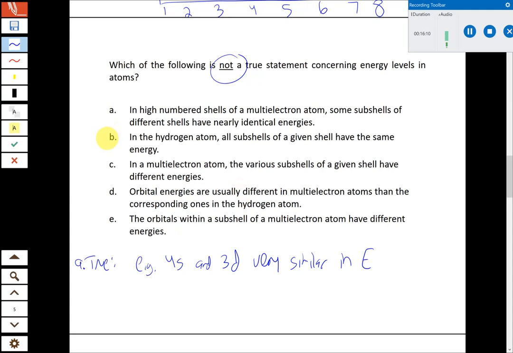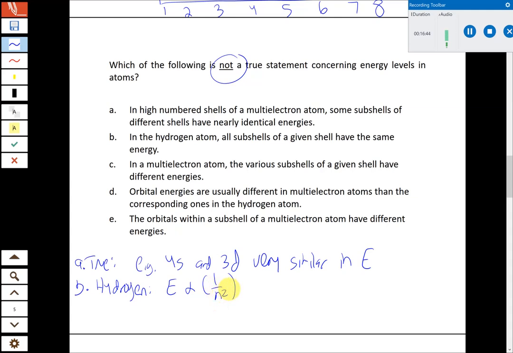Now, choice B, and the next few deal with differences between hydrogen atoms and multi-electron atoms. Choice B: in a hydrogen atom, all subshells of a given shell have the same energy. What you'll recall is that the key distinction with hydrogen is that the energy is proportional to 1 over n squared, and it only depends on the quantum number n.